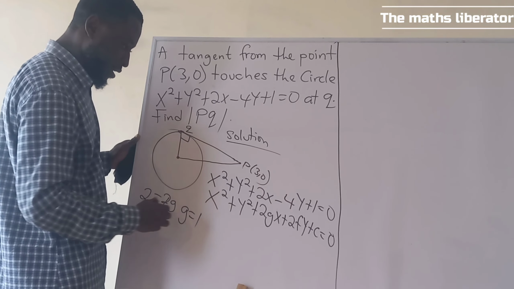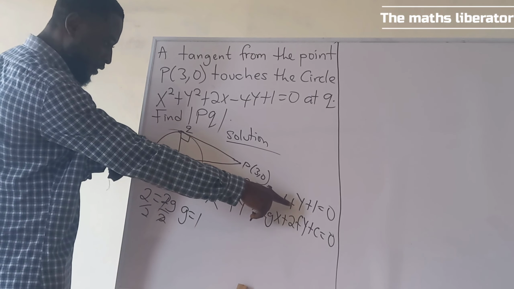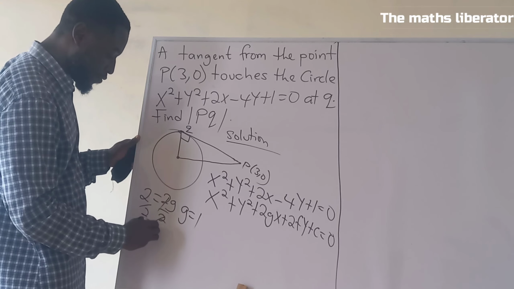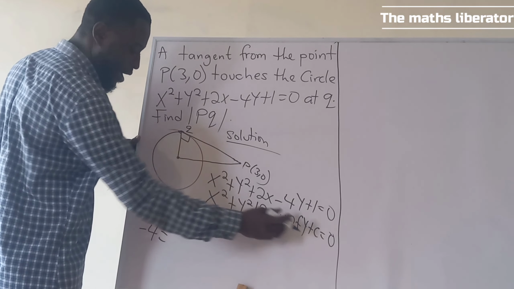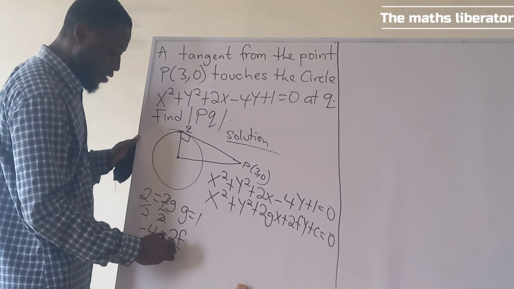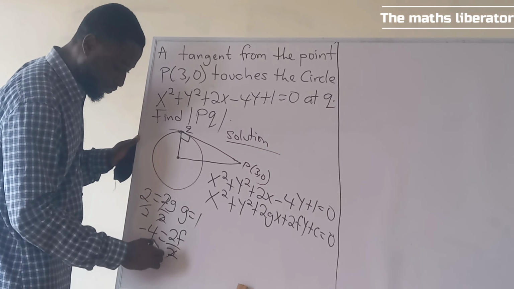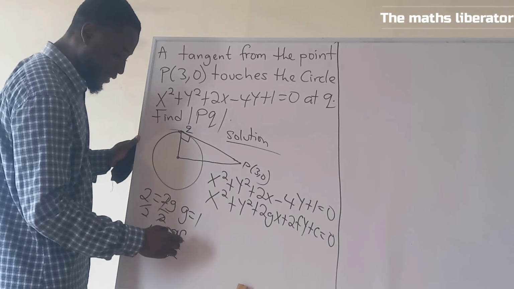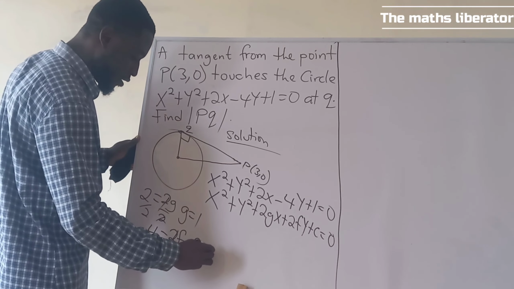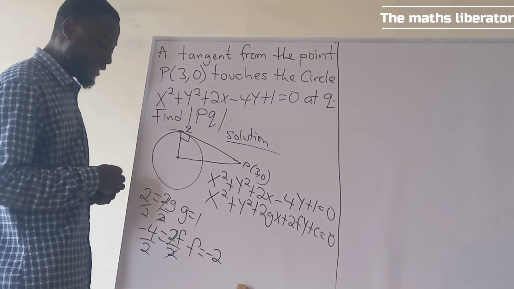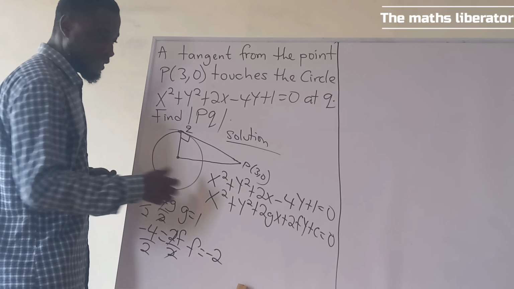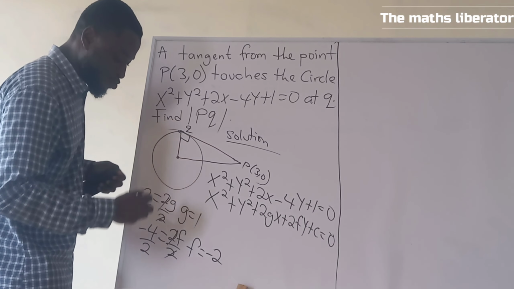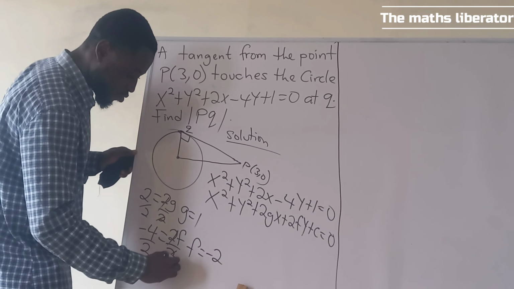The coefficient of y is negative 4, so negative 4 equals 2f. I'll divide both sides by 2, so negative 4 divided by 2 gives negative 2. So f equals negative 2. And now my c: c equals 1.